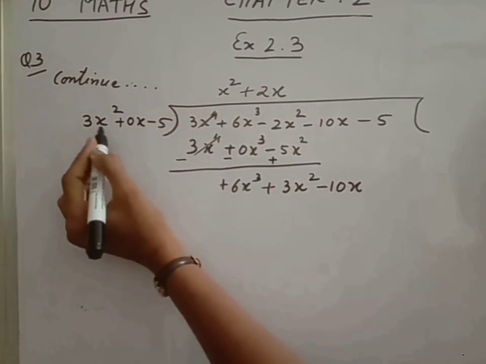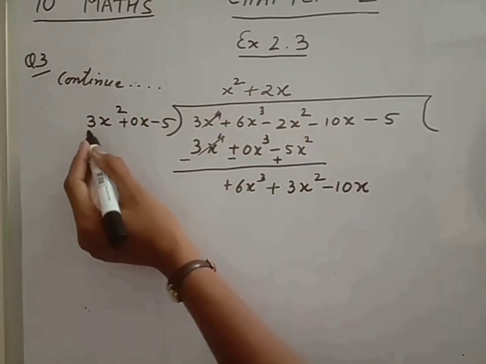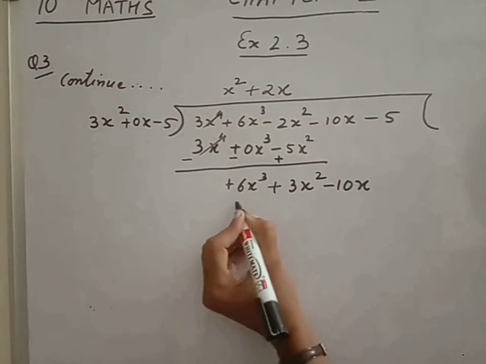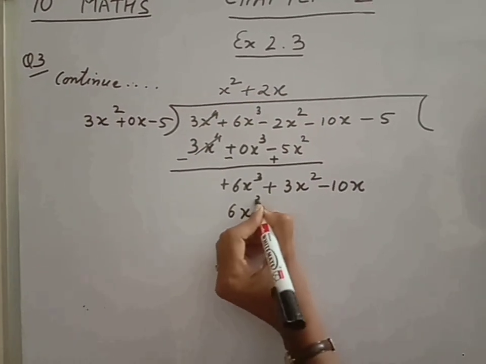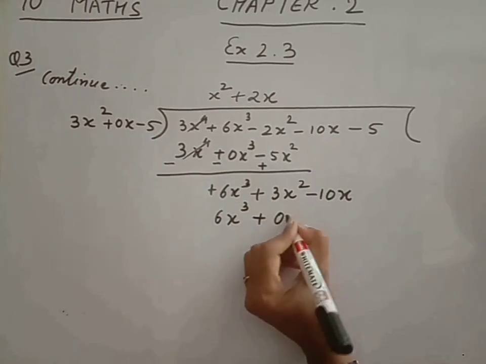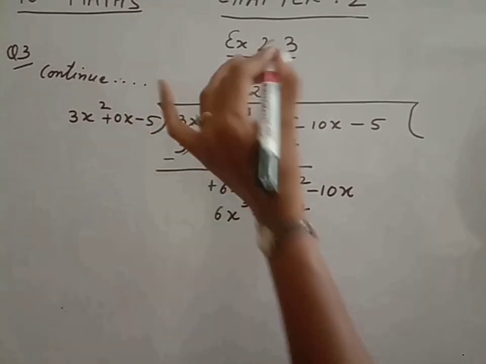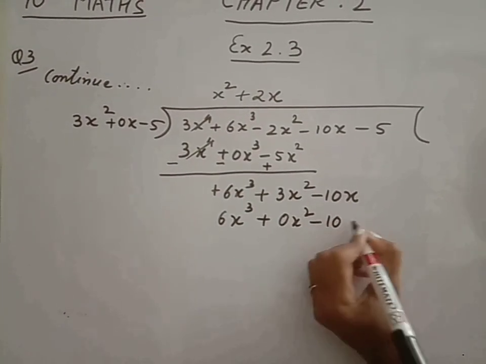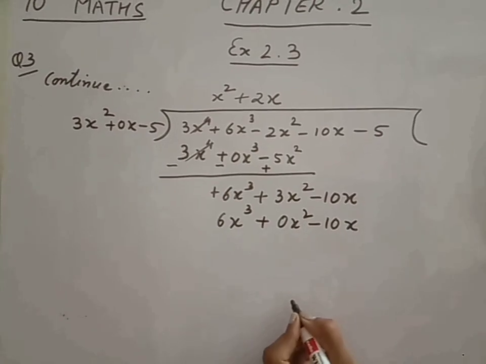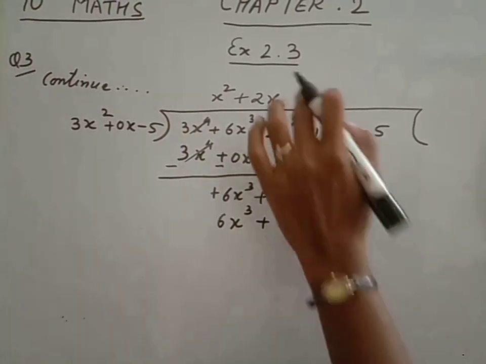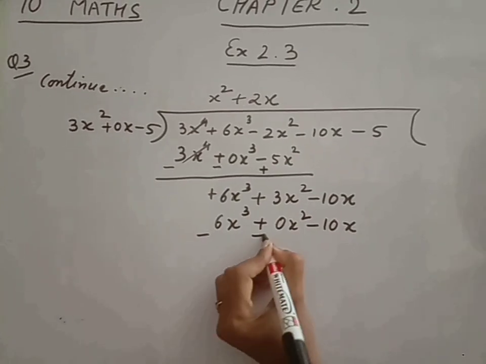2x into 3x square: 2 into 3 is 6, and x into x square is x cube, so 6x cube plus 0x square minus 5 into plus 2 is minus 10x. Change the sign.